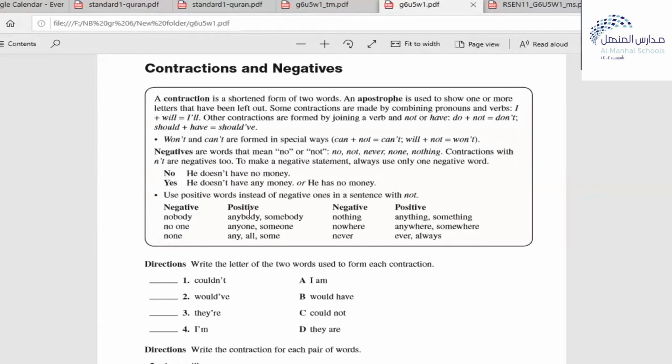The negative none, the positive any or some. The negative nothing, the positive anything, something. The negative nowhere, the positive anywhere, somewhere. Never is a negative, and the positive is ever and always.